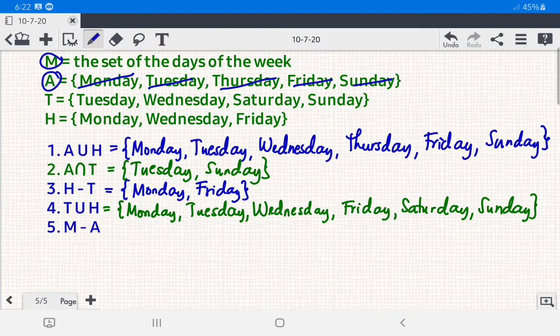So the remaining days of the week are Wednesday and Saturday only.